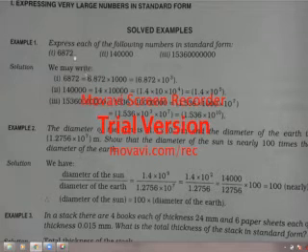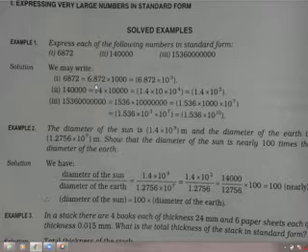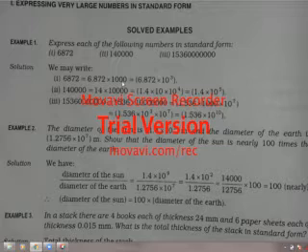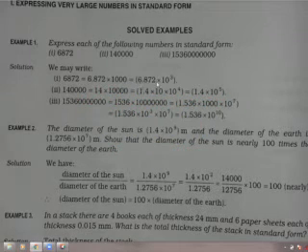Students, see over here, after 3 digits the point is kept, so into 1000 it is. When we multiply with 1000, the 3 digits will go to the right of the point. So in standard form it is written as 6.872 into 1000, that is 6.872 into 10 to the power 3. 10 to the power 3 means what? 1 with 3 zeros, that is 1000.